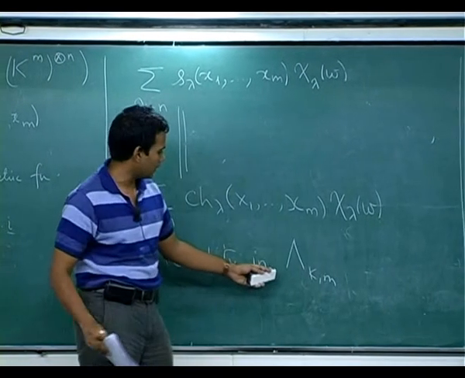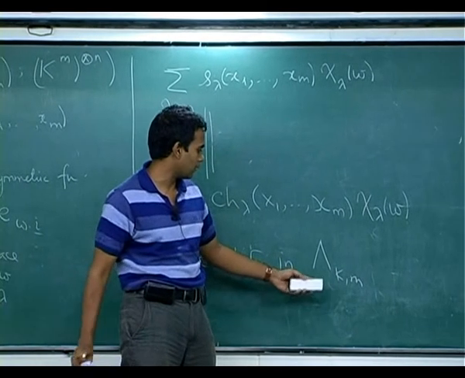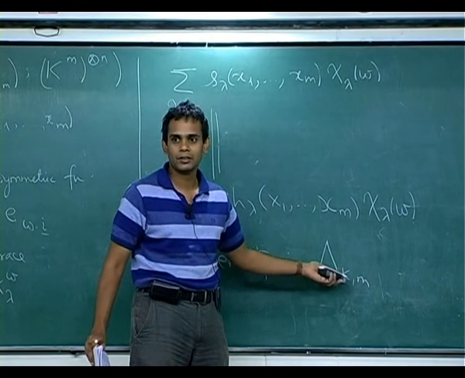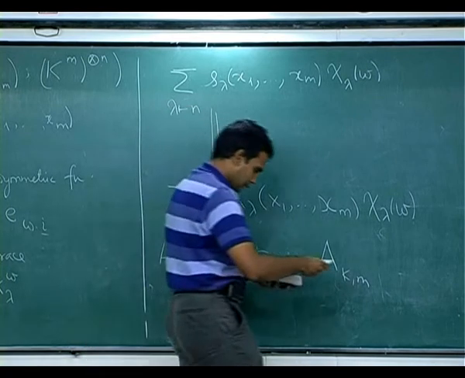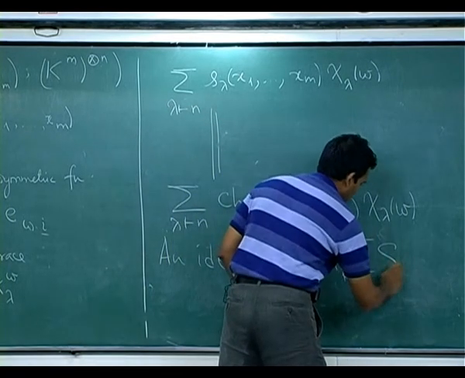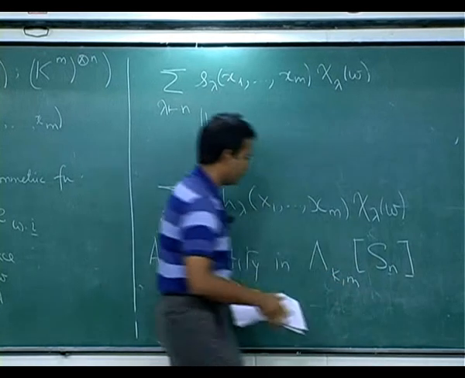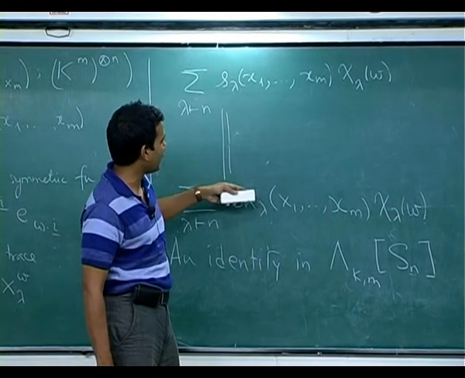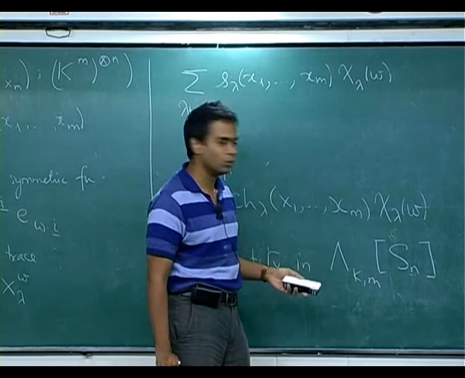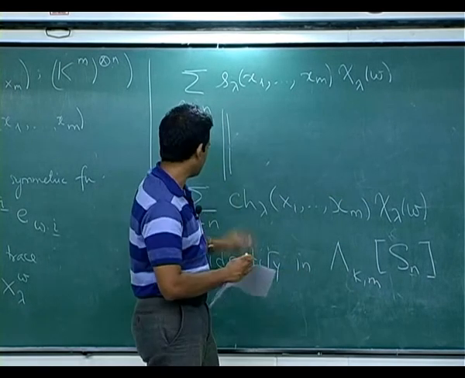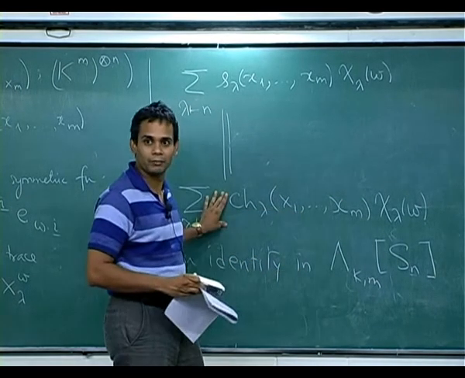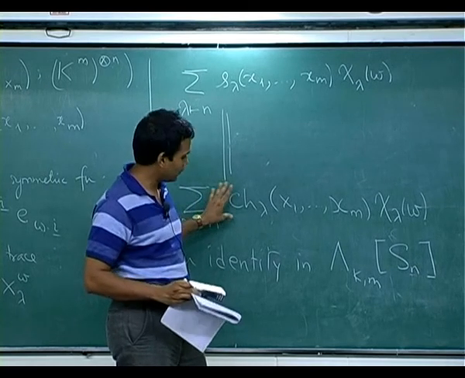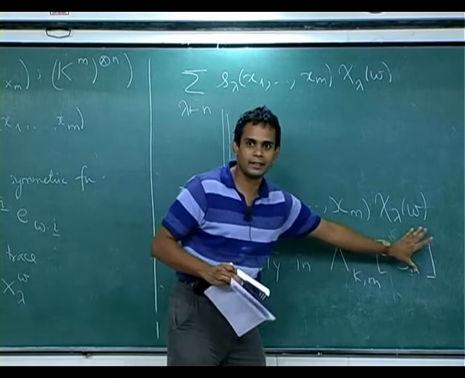So, let us use lambda K^m to denote symmetric polynomials in m variables with coefficients in K, and just take the group ring of the symmetric group with these coefficients. So, both these are expressions in that. This is an element of the symmetric group and these things are symmetric polynomials in m variables, right. So, these two things are equal in this ring.